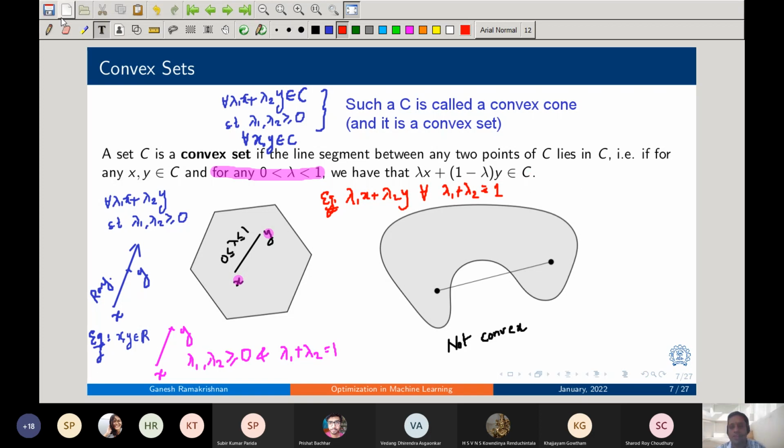So if you take any x, y in C, if this part is in C for all such combinations, then we call C an affine set, and it's a convex set.